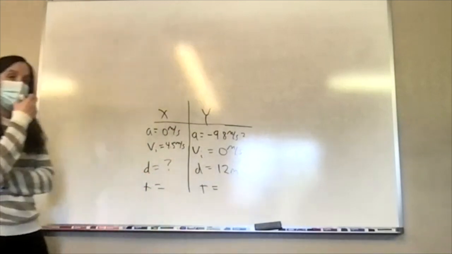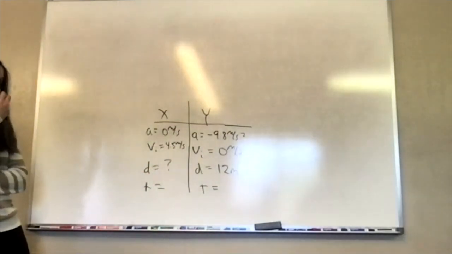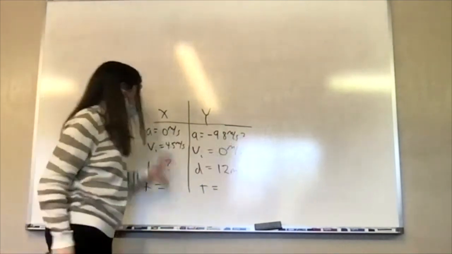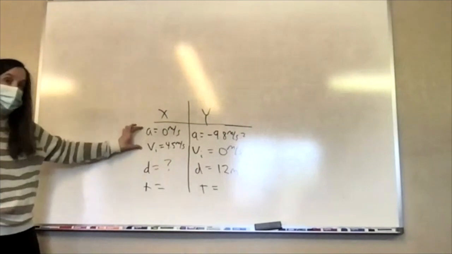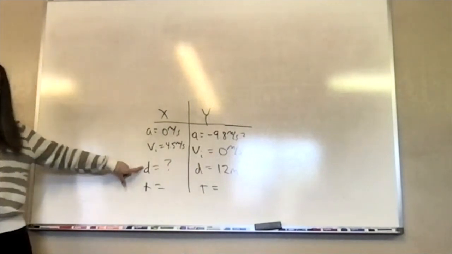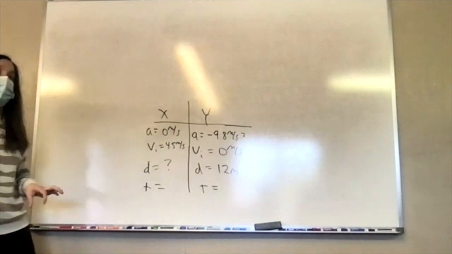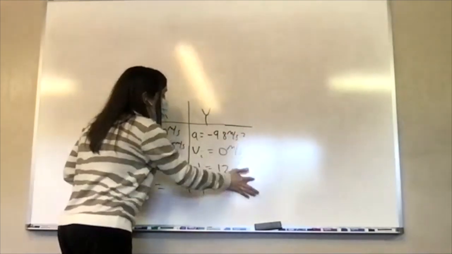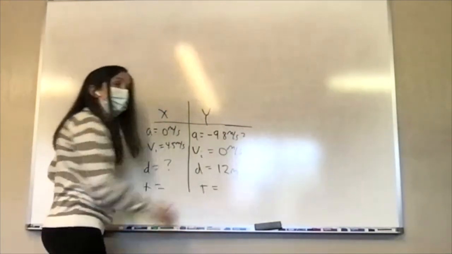How do you know if you need three or four to solve for the... Well, we always need three. So once we know three, we can solve. Now over here, though, we only have two known variables. We want the distance, but we don't have three, so we can't solve. But what we can do, because we know three in this dimension, is use those three to solve for time.